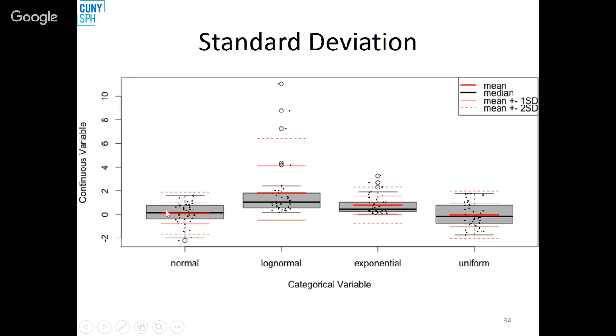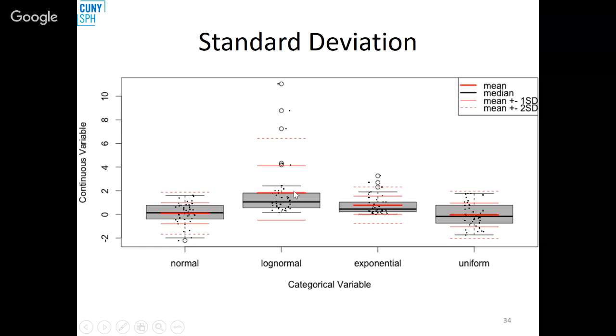So this is kind of informative about the box plot when made for a normally distributed variable, in that the IQR, these boxes, are fairly close to the plus or minus 1 standard deviation from the mean, and the whiskers are fairly close to 2 standard deviations from the mean, if it's normally distributed data.